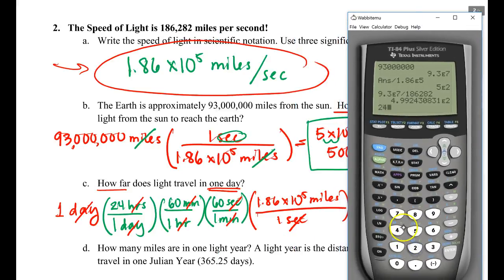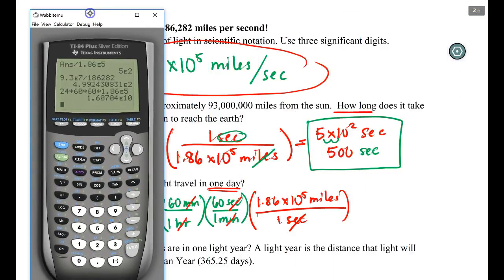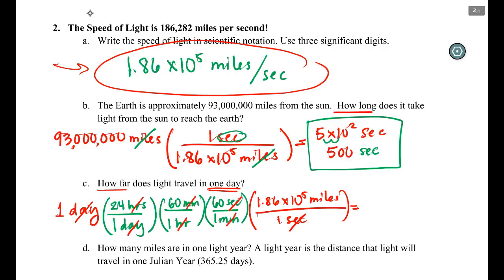So 24 times 60 times 60 times my speed of light. I'll go ahead and just use the rounded version because I think that's what a lot of you guys did. So we should get out something way bigger because we haven't just traveled for a second. We've traveled for a whole day.